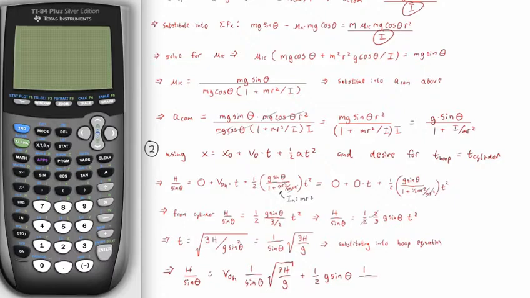That's the time that it takes the cylinder to get to the bottom. So 1 over sine squared theta times 3h over g.